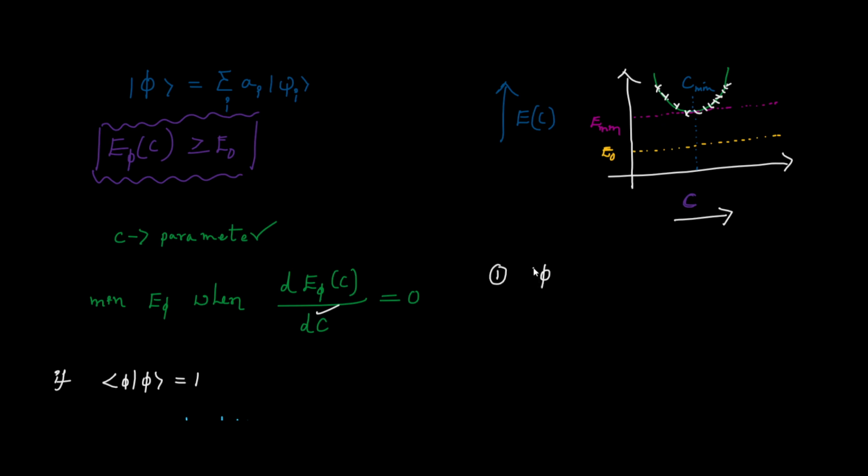This is the trial wave function, a function of C1, C2, up to Cn, where C1, C2 up to Cn are the adjustable parameters.